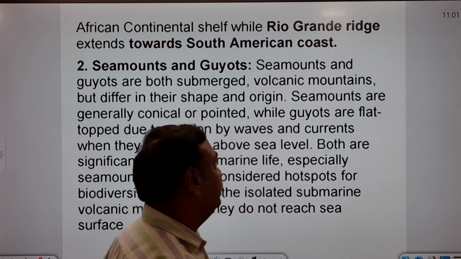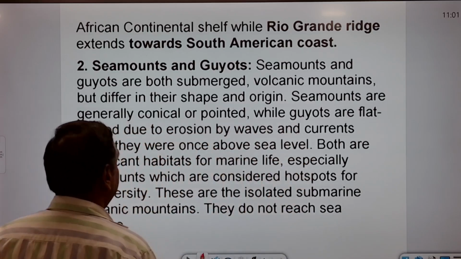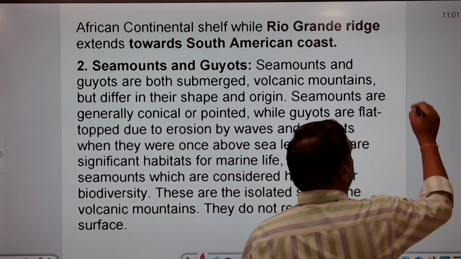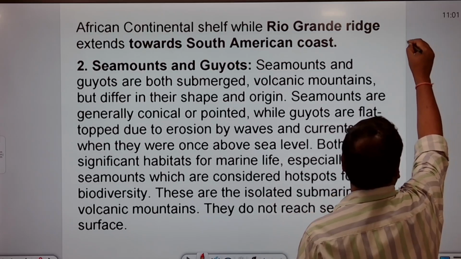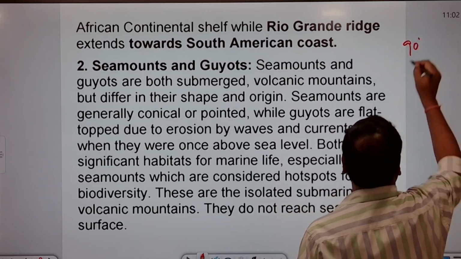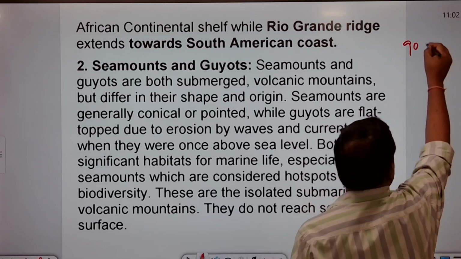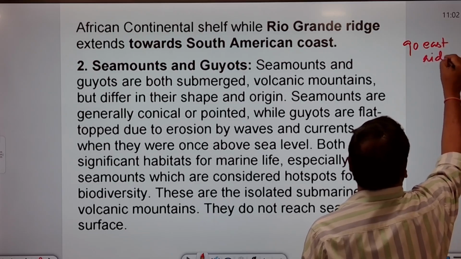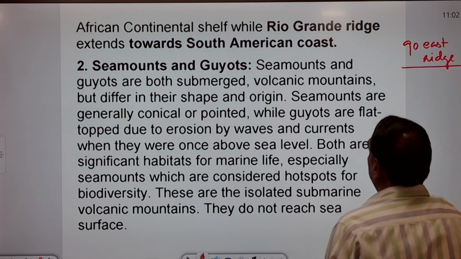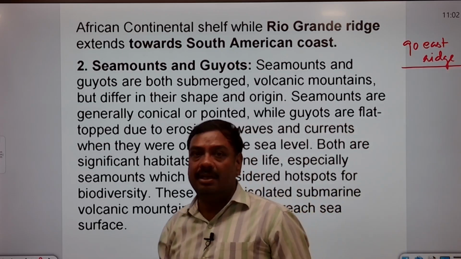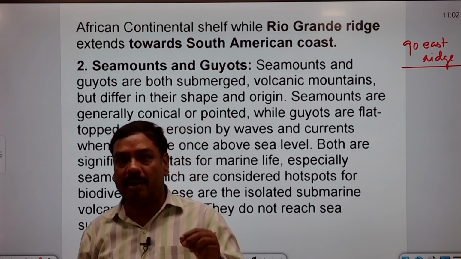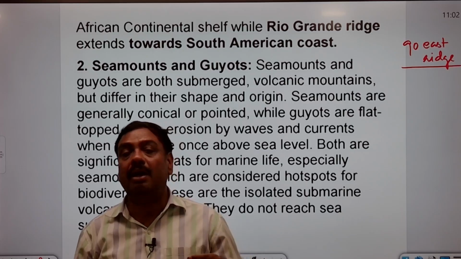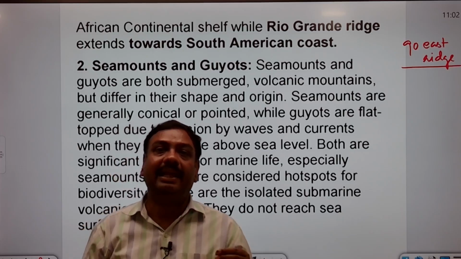In the Indian Ocean, I would like to tell you about one of the major mid-oceanic ridges that is very important. It was asked in the UPSC examination. It is the 90 East Ridge, right? It has been given the name 90 East Ridge because this ridge is considered almost parallel to the 90-degree eastern longitude.